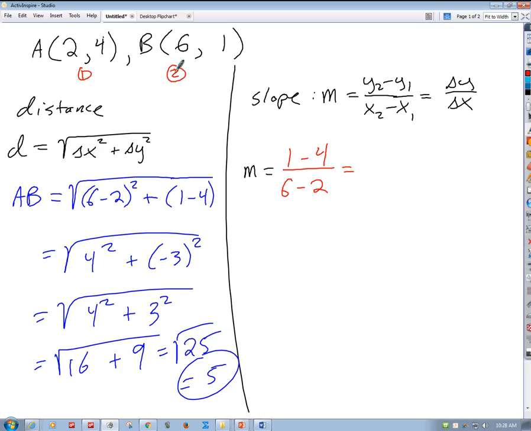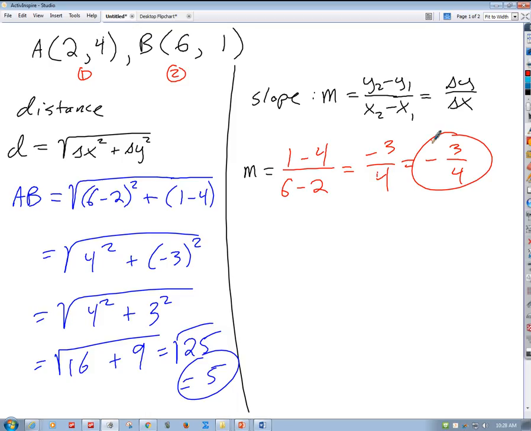We have to be consistent, right? So if we subtract the 4 from the 1, then we must subtract the 2 from the 6. And that gives us on top what answer? Negative 3 over 4. So we get negative 3/4. If I divide a negative by a positive, we just get a negative answer, right?